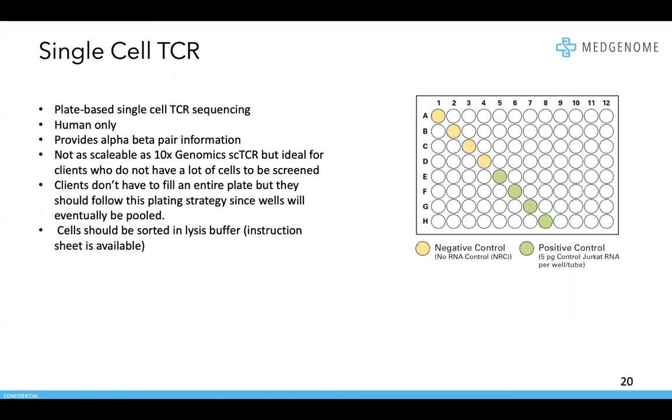Then they can sort their cells into a plate and send those to us. For this TCR plate-seq, there is a preferred plating method for the client. They should leave some wells empty for us to add negative and positive controls. But for the most part, it's pretty straightforward, and we have protocols to share with them for that.